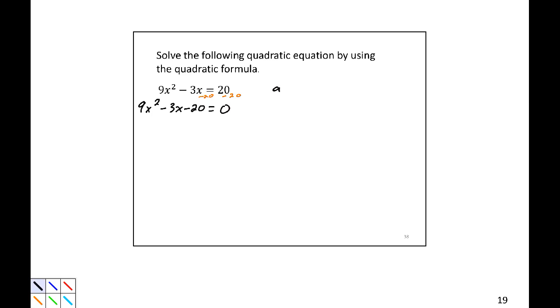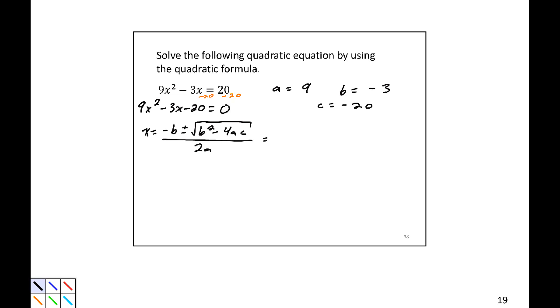So we see that a equals 9, b equals negative 3, and c equals minus 20. That's important. So we will use our formula. x equals negative b plus or minus the square root of b squared minus 4ac, all divided by 2a.